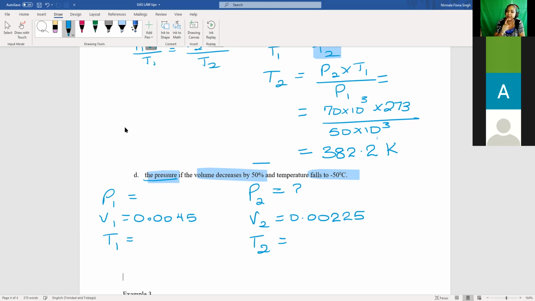Check it on the calculators, make sure. And they said the temperature falls to minus 50 degrees Celsius. If we convert that to Kelvin, we're going to end up with 223 Kelvin.